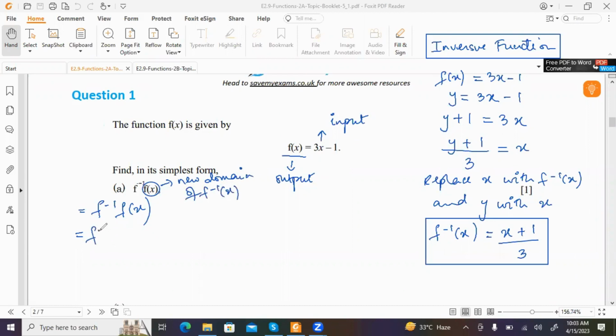So now, instead of x in the inverse, I'm going to write f of x. So it's going to be 3x minus 1 plus 1 over 3. As you can see, 3x minus 1 has replaced x. So it's going to be 3x over 3, which equals x. That's your answer.